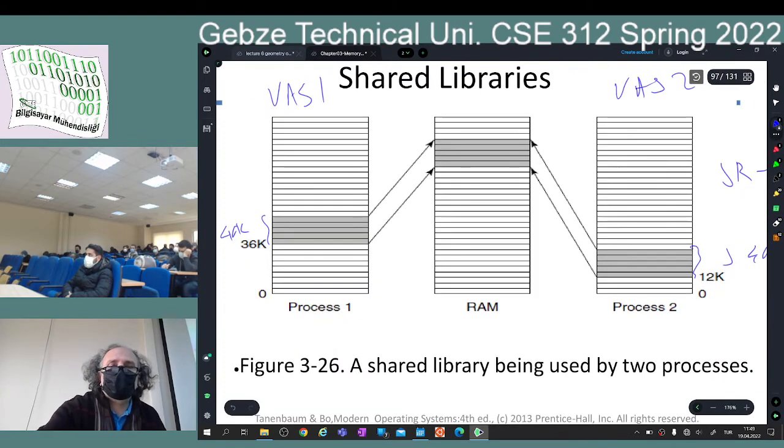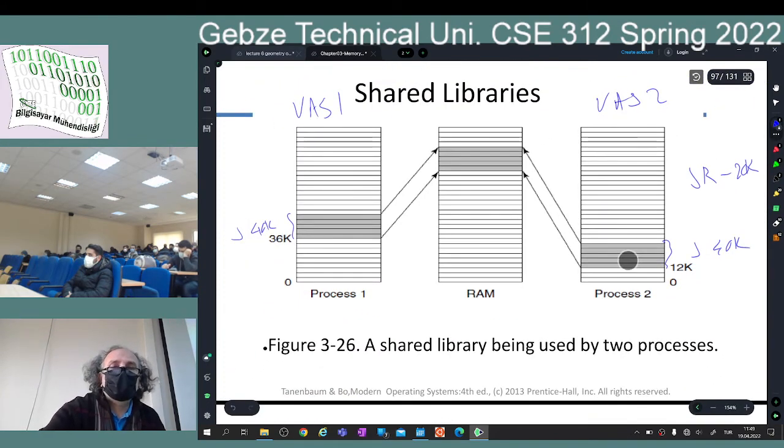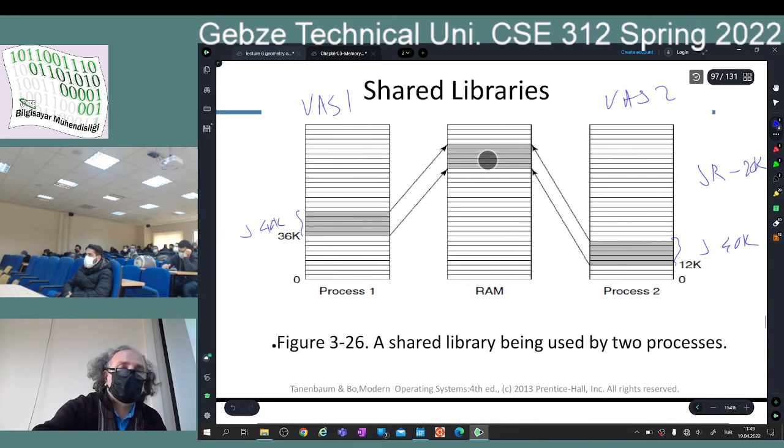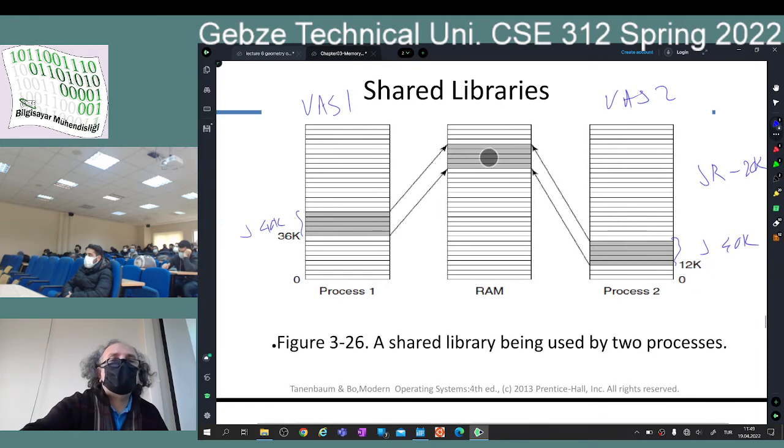But if you issue the same thing, it will jump to some place around here. So you can't use absolute addresses inside these shared parts of memory with paging. It has to be position independent code.